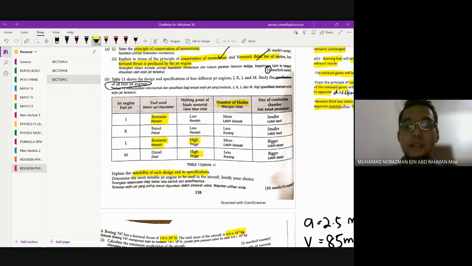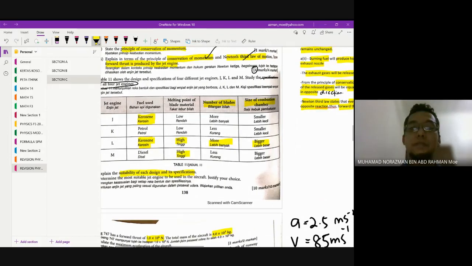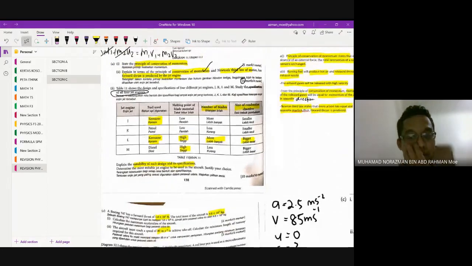Number of blades: we want more. And size of combustion chamber: big or small? Big. Why? Because we want to produce very high force, so we need more fuel, and the size of the combustion chamber must be big.